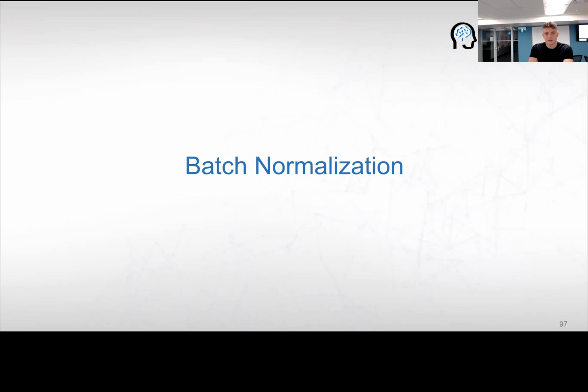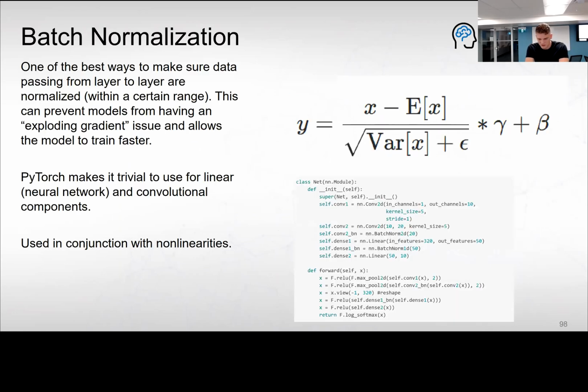Okay, batch normalization. Here is our one slide that we're going to go into for batch normalization. Batch normalization is very important. If you read a lot of the academic papers, they like to throw around words like groundbreaking and revolution, big things. It solved a lot of problems in machine learning.